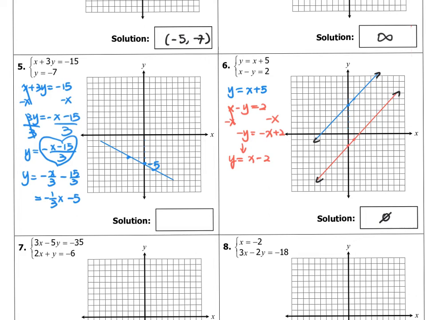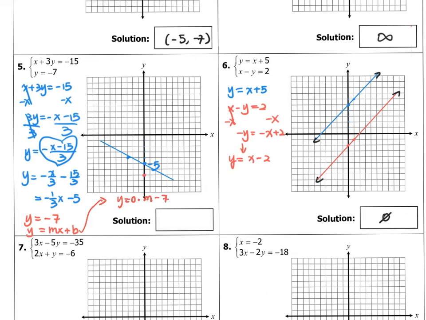And then let's look at the next one. I have just that. So remember, how do I match that with y equals mx plus b? So I'm going to write it here, okay? To match that, I don't have an x term, which means my m is 0, and then my b is -7.